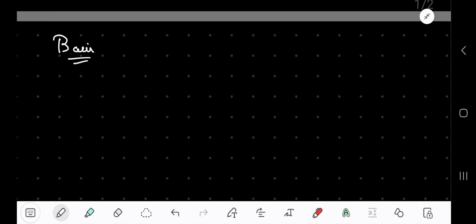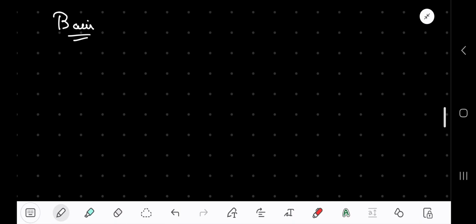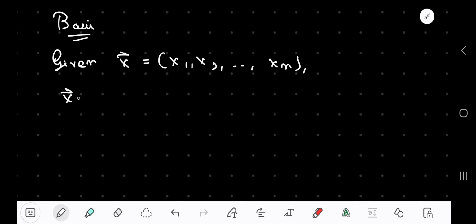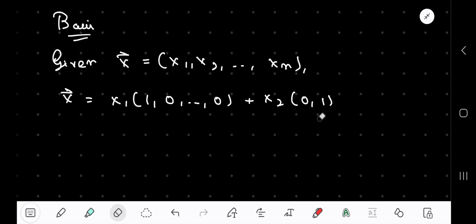This is not as deep as what you study in linear algebra, but this is a very layman definition of a basis. Given a vector, say (x1, x2, ..., xn), we can write this as x1 times the vector with 1 in the first component and all the other components 0, plus x2 times this, plus x3 times this.